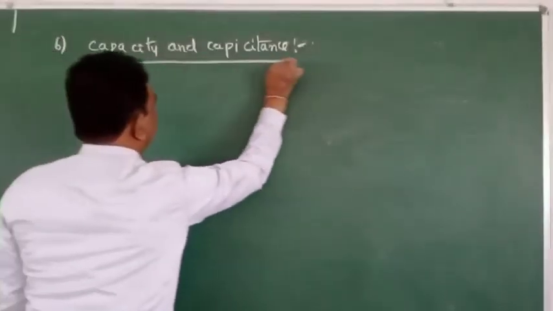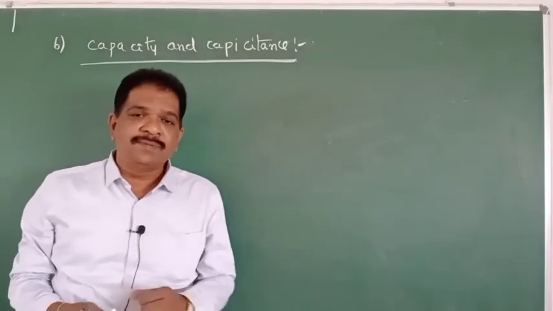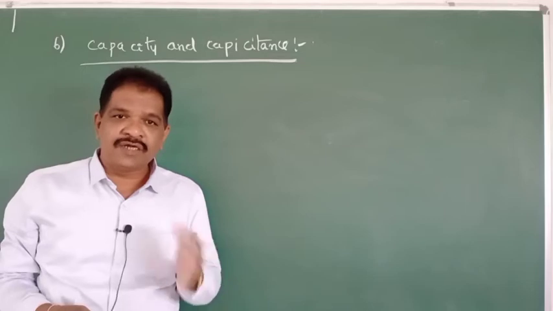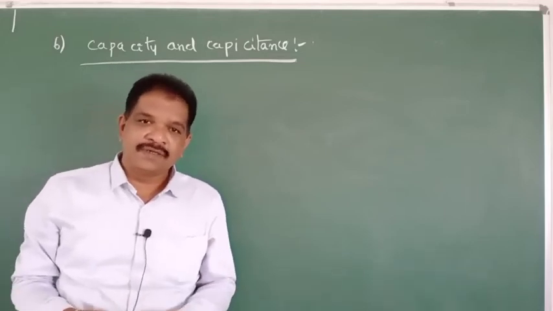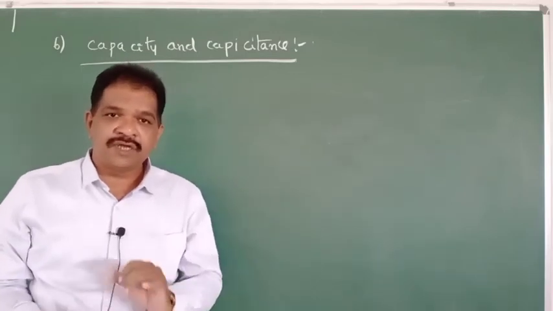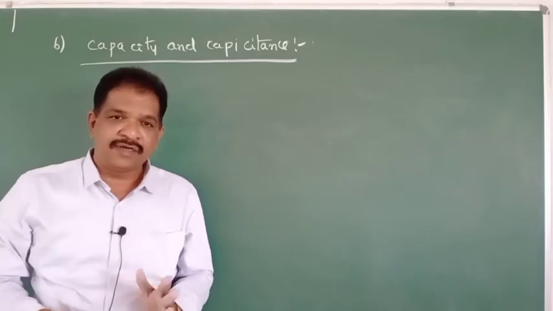How will they be defined? See, any body can store some amount of charge. How much charge it can store, that is called its capacity. So the ability of a conductor to store charge in it is called the capacity of the conductor.